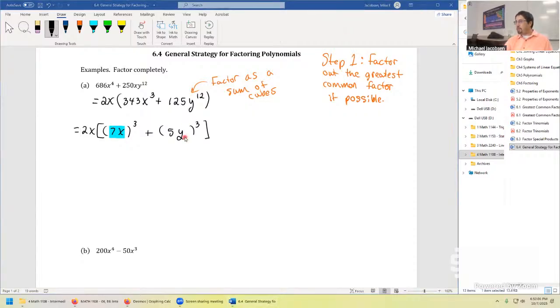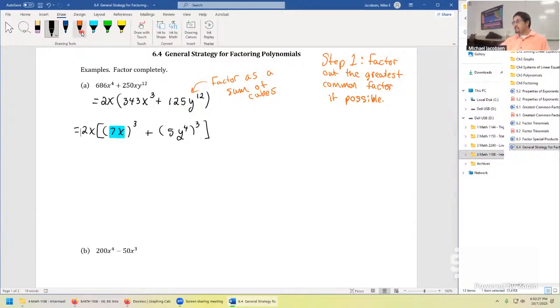Anyone happen to see a good power to throw here for y? Yeah, good call, Tracy. This one has to be power 4, exactly. So put power 4 here, and we're in business.